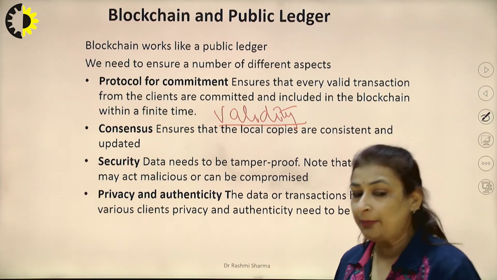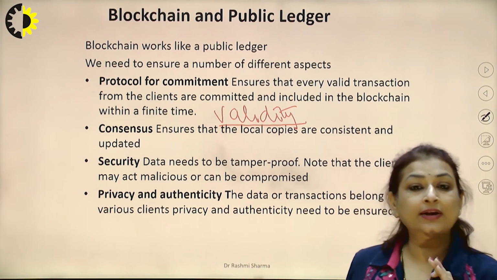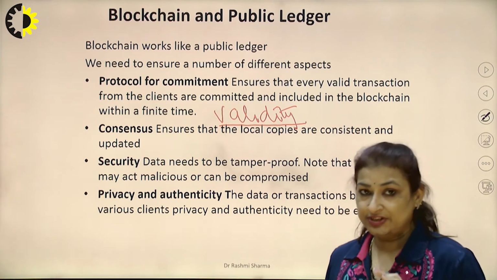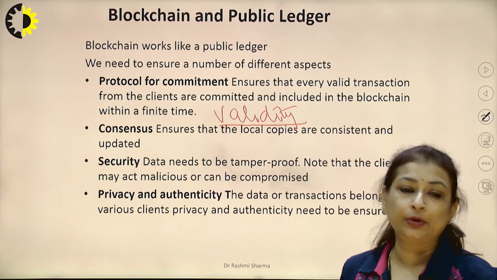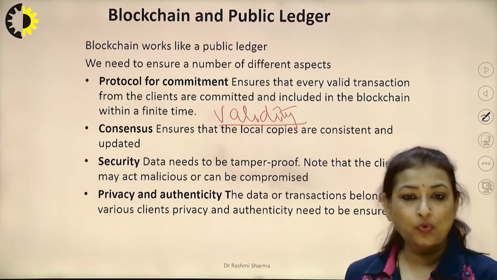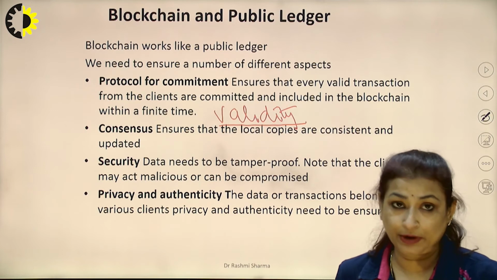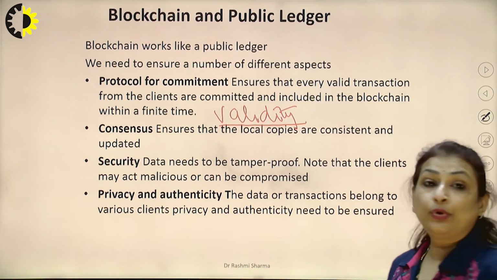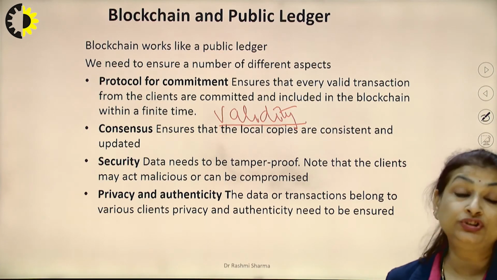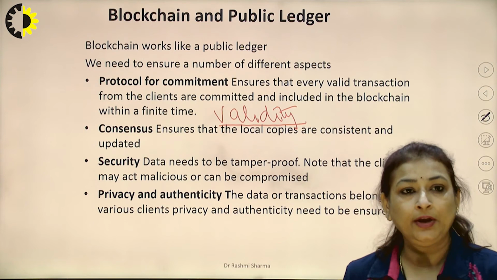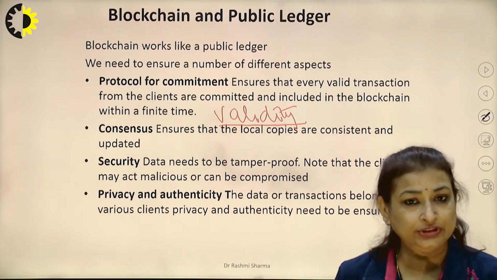In a database, commit means we are fulfilling or successfully completing that transaction. If the transaction is valid, we will commit it. If it is invalid, we won't commit it. We won't make those changes. So first, we should have a protocol of commitment. It should be there in each and every individual involved in that blockchain.